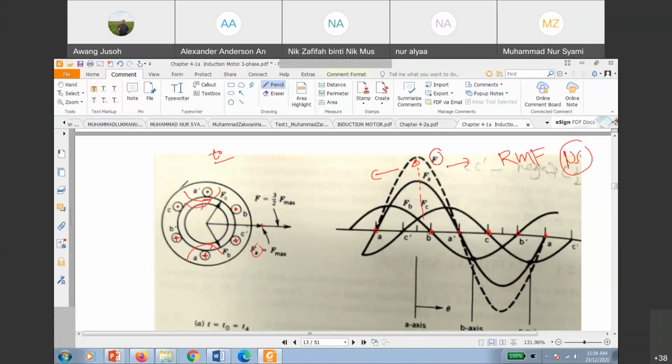You can do it for phase C first. This is C. You can do it for phase C, and the flux for phase C. Where is it? Dot, dot here. You got dot. So this is the resultant for phase C.